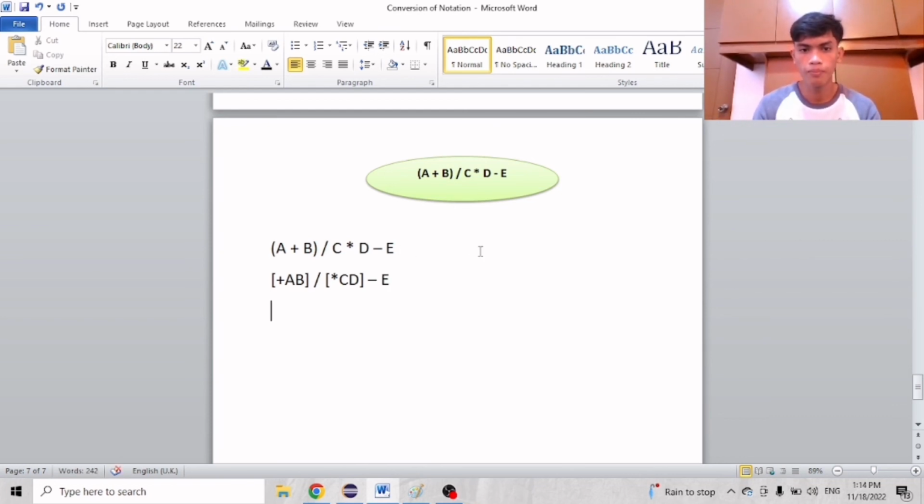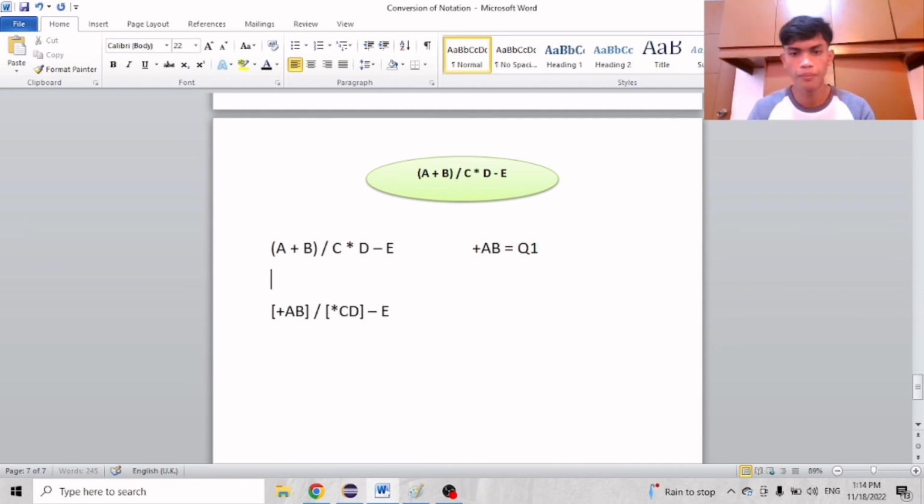So the plus EB we will call Q1. Then the multiplication of CD will be converted into Q2.